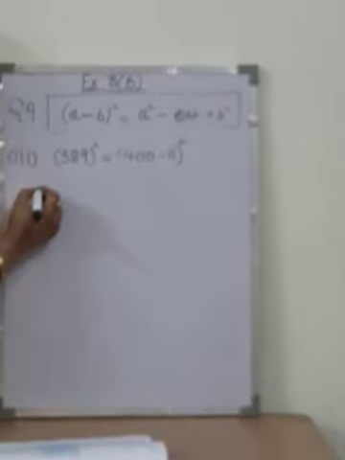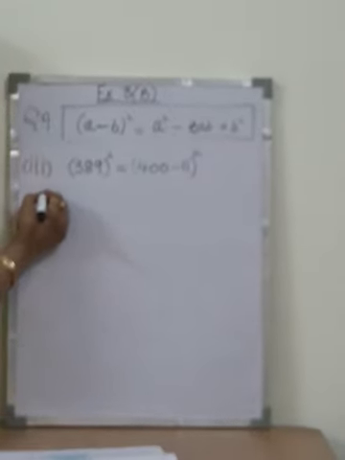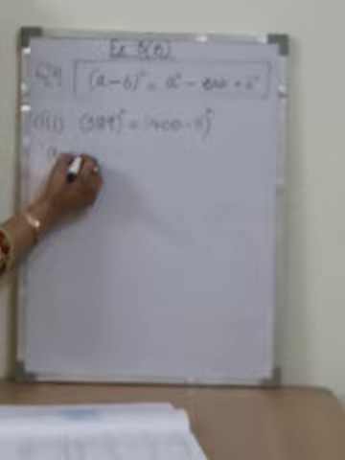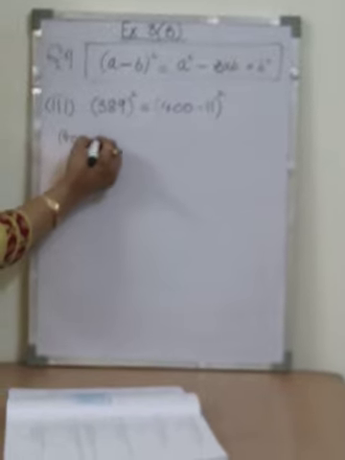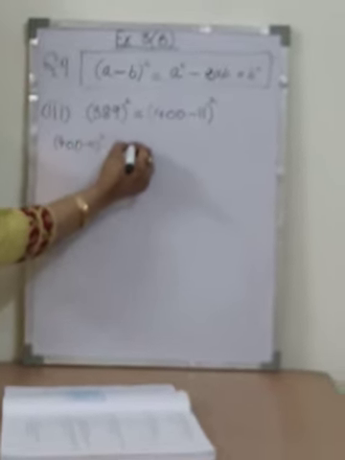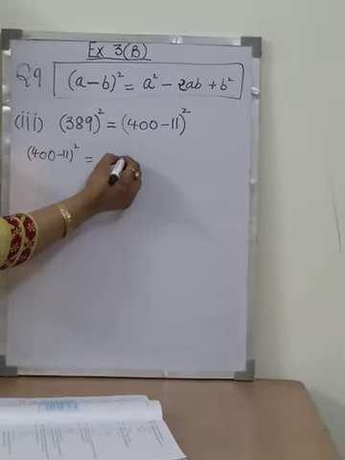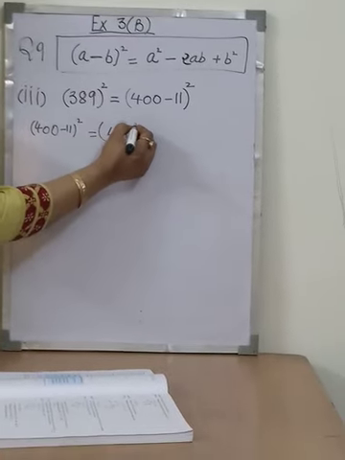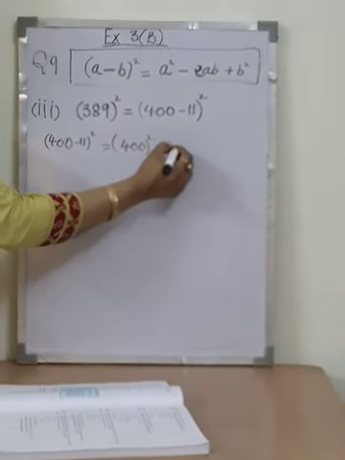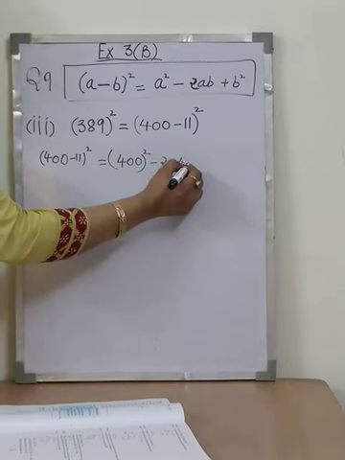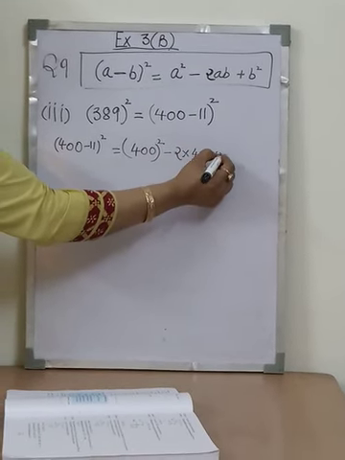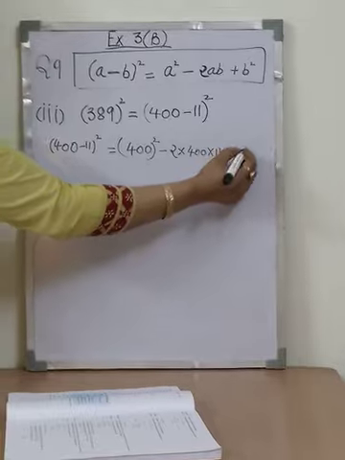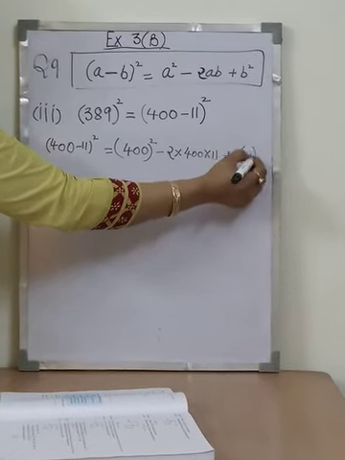Now again we apply the identity. 400 minus 11 whole square is equal to the square of the first one, minus 2 into first term into second term, plus the square of the second.